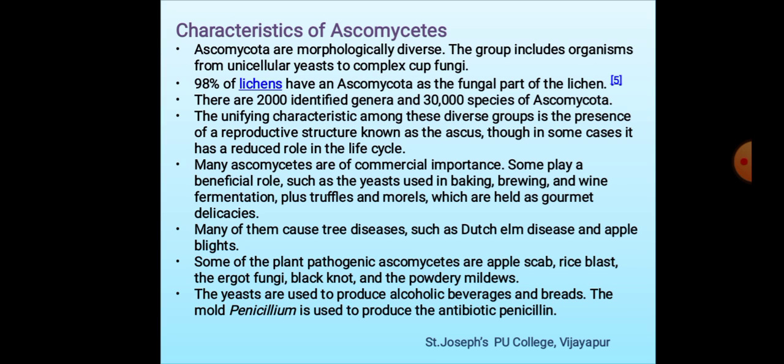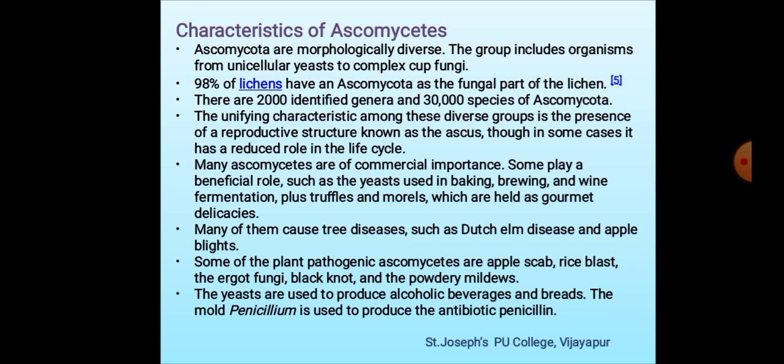As you know, in lichens two components are there. One is algal, one more is fungal. That fungal component is made up of Ascomycota. There are 2000 identified genera and 30,000 species of Ascomycota.